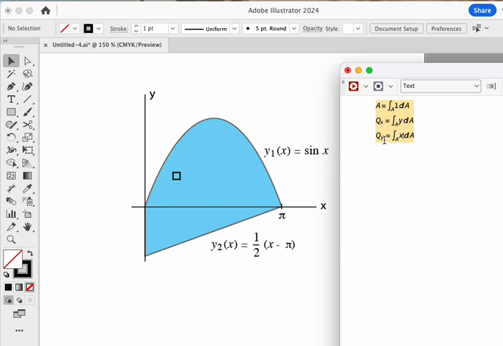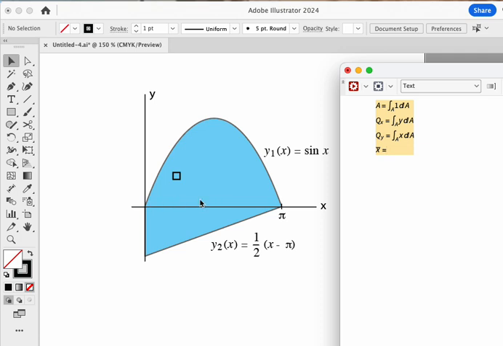We use those moments of area in the centroid formulas. So for instance, x bar is equal to the moment. If I'm taking x bar, that means I want to find out where in the x direction the centroid of this shape is, right?